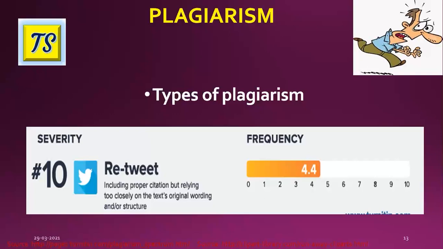This type of plagiarism is also faced. The fabrication type, of course, is a fabrication type. You are manipulating your data and you make it on par with others' work. But some difference exists. This is called a retweet type. Almost 4.4 frequency is traced by Turnitin out of 10.